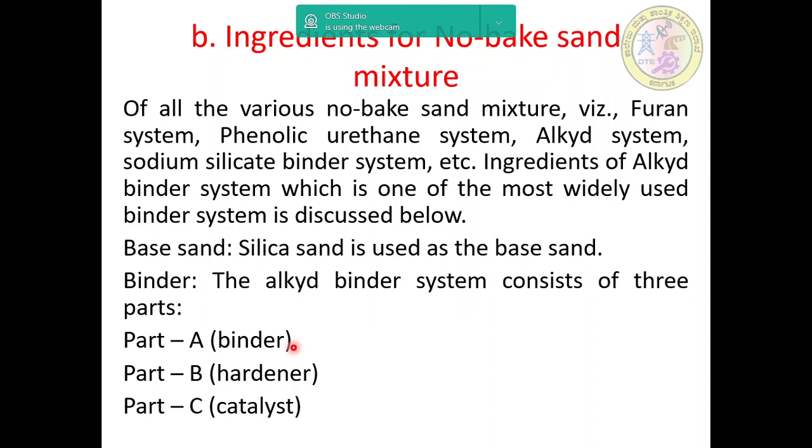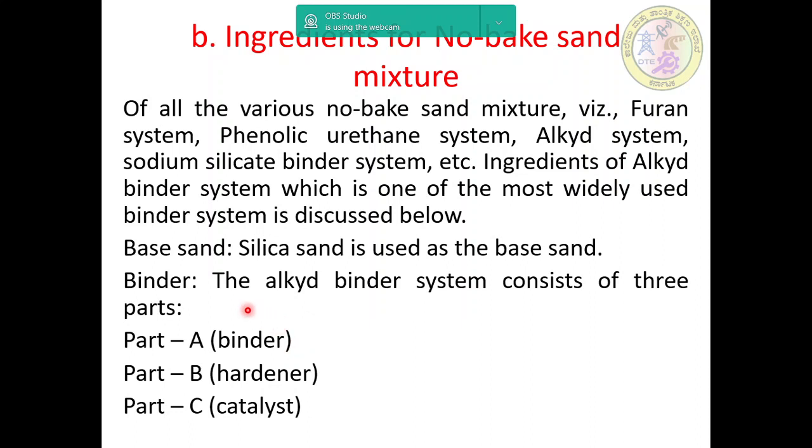Here, the binder is alkyd resin, which is obtained by reacting linseed oil with a polybasic acid like isophthalic, and solvents like turpentine, kerosene, or mineral spirits to improve flowability.